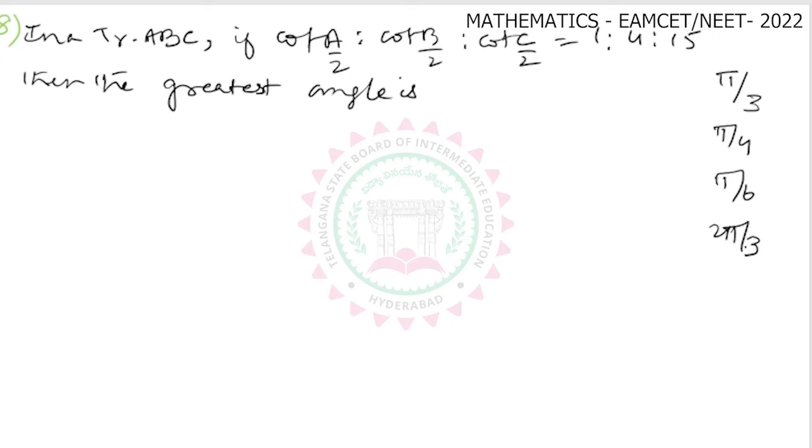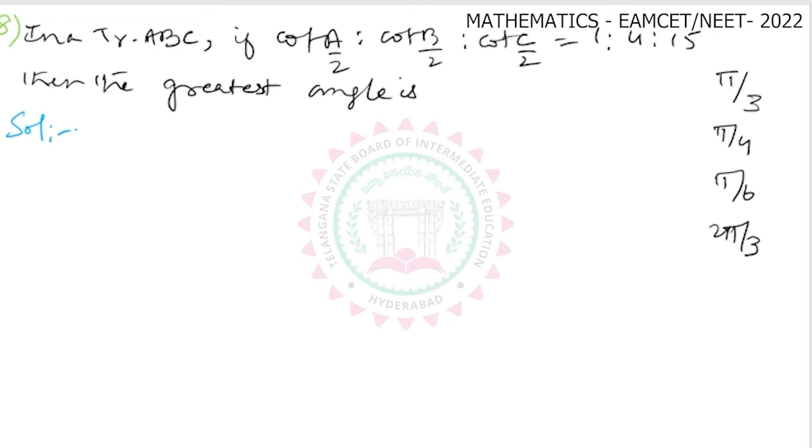Right? What is given? The ratio of cot A by 2 is to cot B by 2 is to cot C by 2 is equal to 1 is to 4 is to 15. So, there is a shortcut formula. I don't want to use the long method. There is a shortcut formula for when cot A by 2 is to cot B by 2 is to cot C by 2 is equal to 1 is to 4 is to 15.